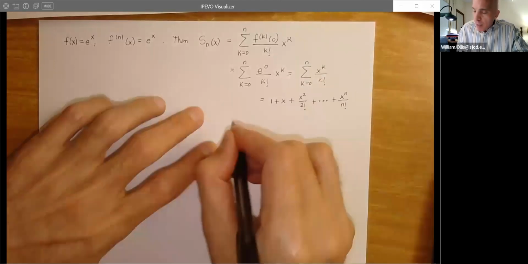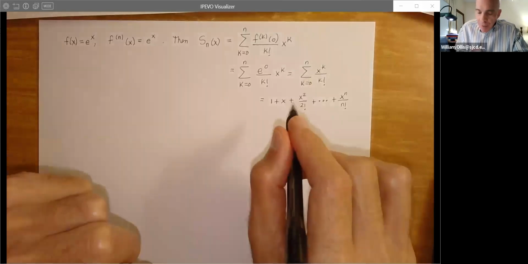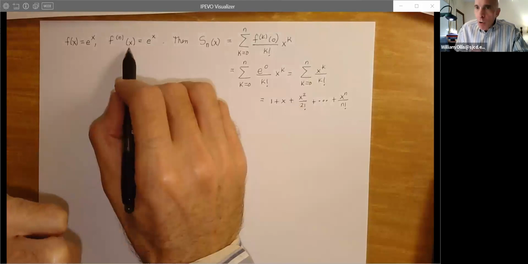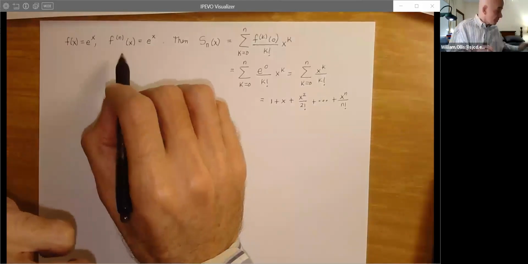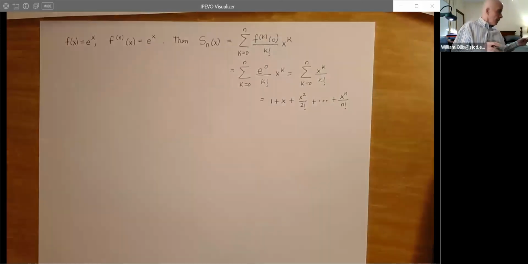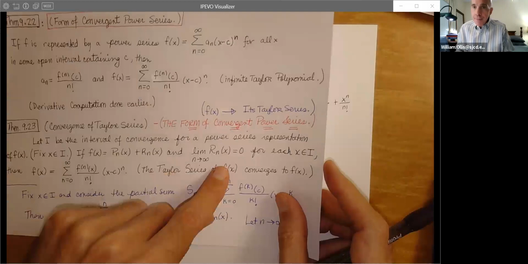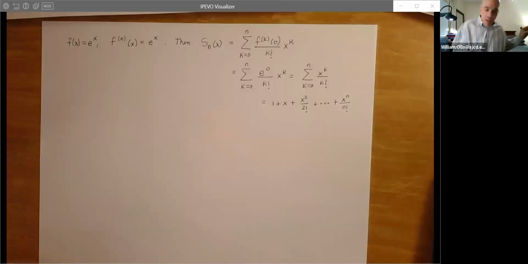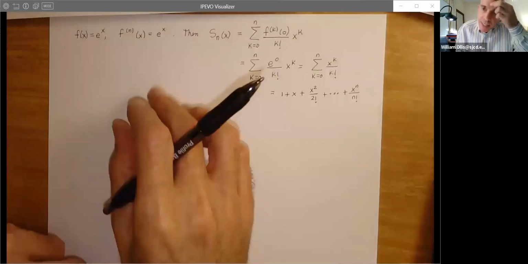Now again, what's interesting is that these derivatives are valid for all real numbers, and we just want to look at the theorem and verify this. So we're thinking, okay, well, that was easy enough.